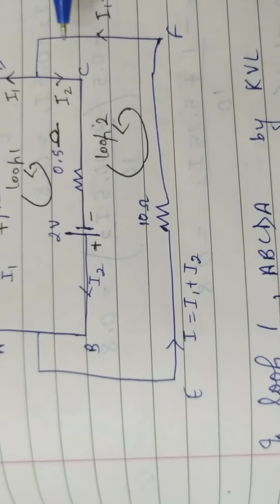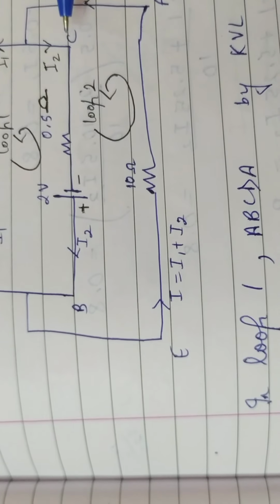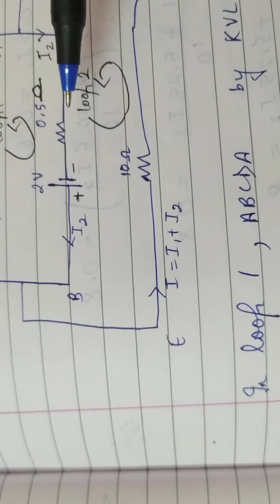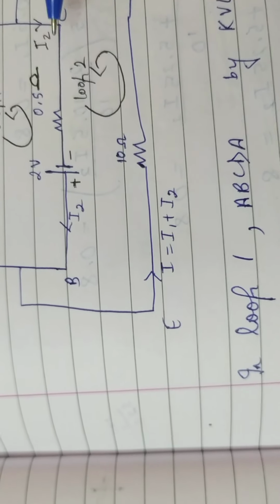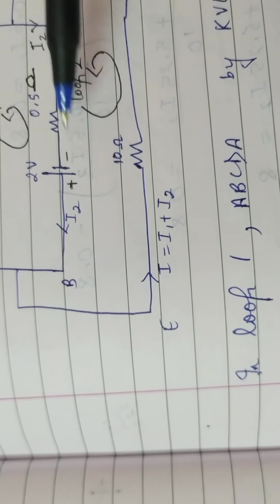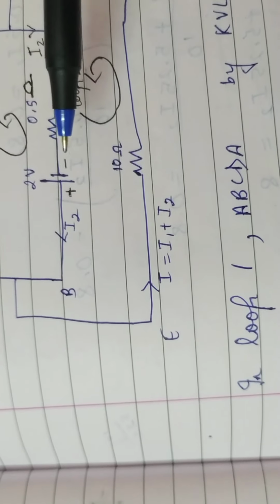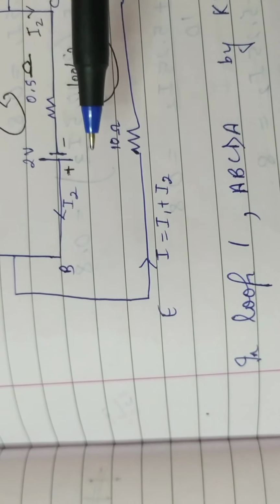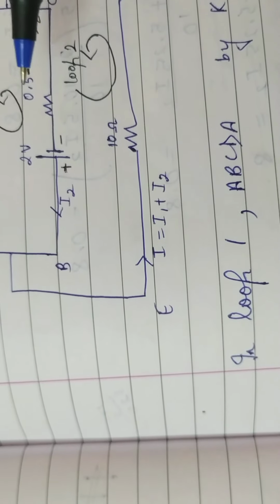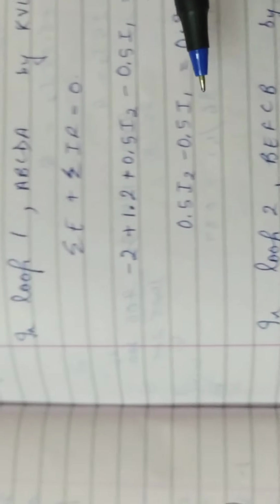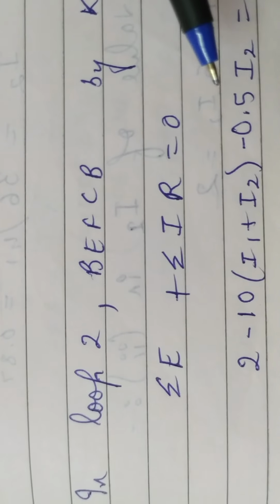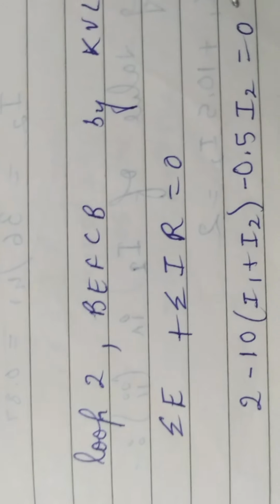Then from F to C there is no drop, but when we traverse from C to B, again a potential drop takes place. Current is also flowing from C to B, so the drop is of negative sign, and the value is I2 into 0.5 with minus sign. So the next drop is written as minus 0.5 I2, and the whole expression equals 0.